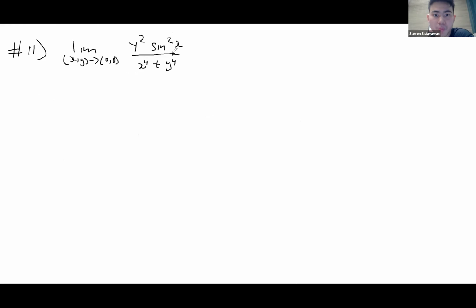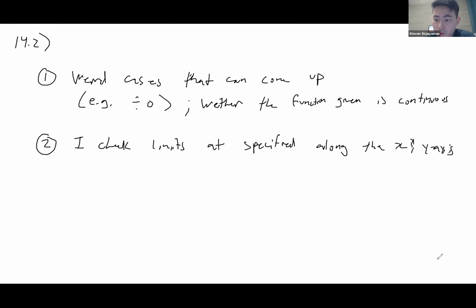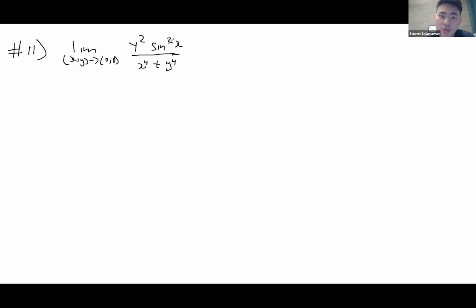So again, first thing, look at weird cases that can come up. Clearly, this is not completely continuous, so I have to watch out when the denominator is equal to 0. If I plug in 0 and 0, I get 0 over 0, so that doesn't work out.